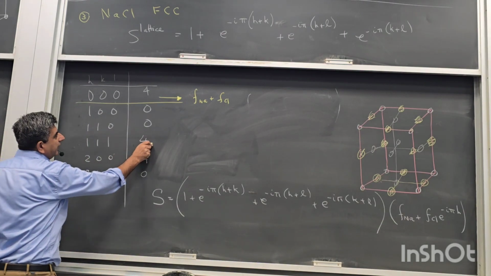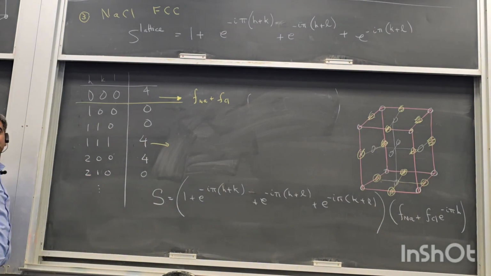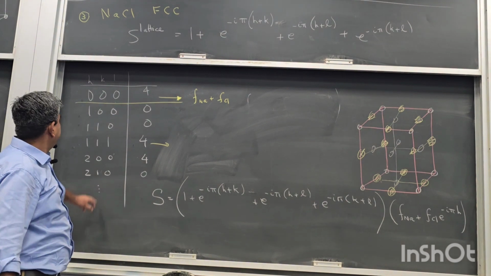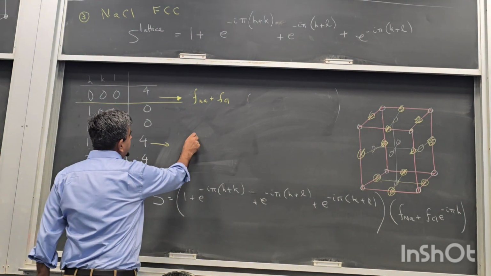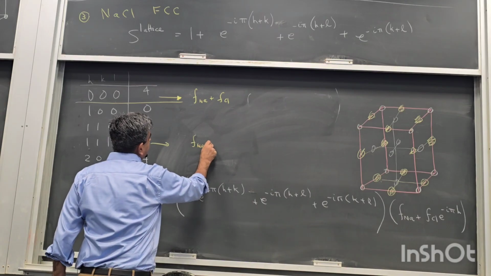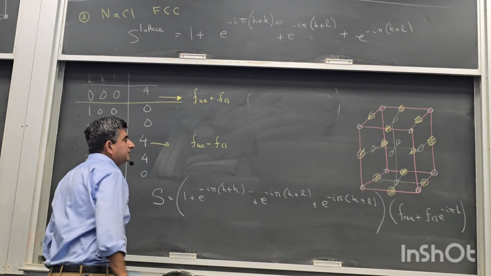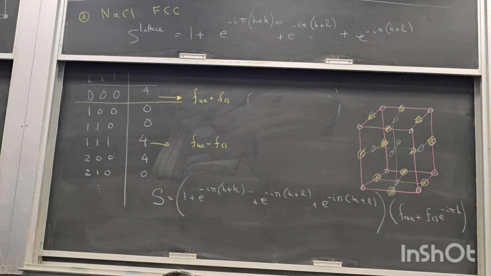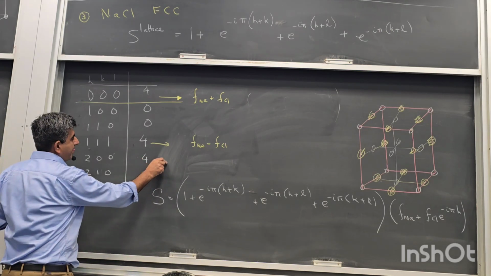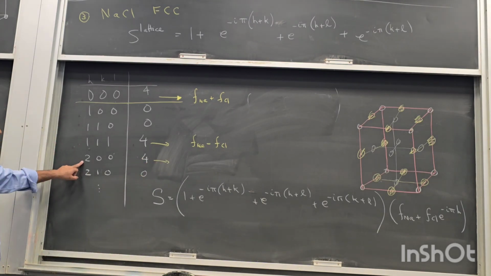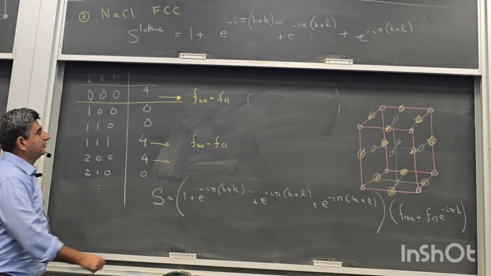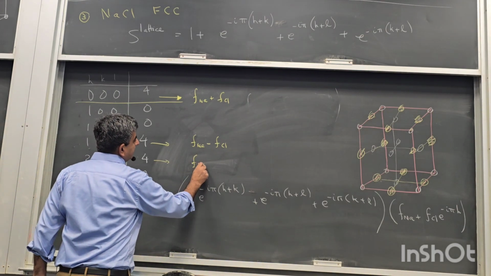I don't need to worry about these entries because these are zeros anyway. This entry will be, H is now 1, F Na minus F Cl. Let's look at this entry. H is now 2, F Na plus F Cl.